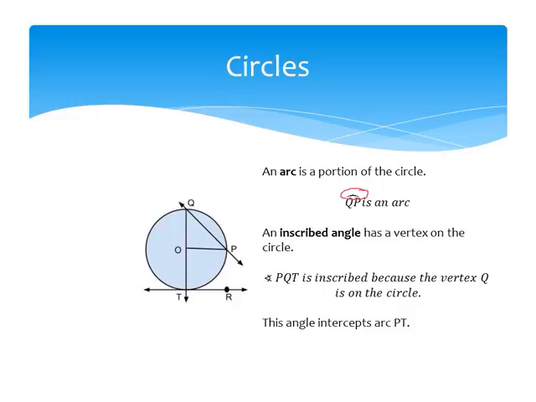So if we look at angle PQT, I'm going to start at P and come up and down, the vertex Q is on that circle. And we say that this angle intercepts arc PT because that's the arc that it's going through.